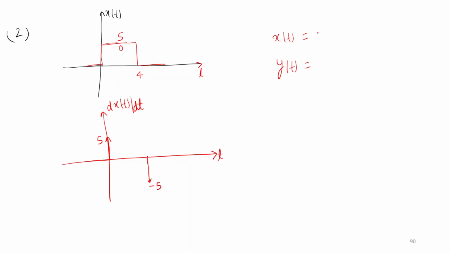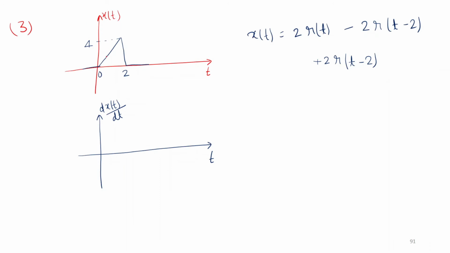Mathematically you can represent x(t) = 5u(t) minus 5u(t minus 4). Okay, y(t) simply 5 delta(t) minus 5 delta(t minus 4). It is shifted to t equal to 4.